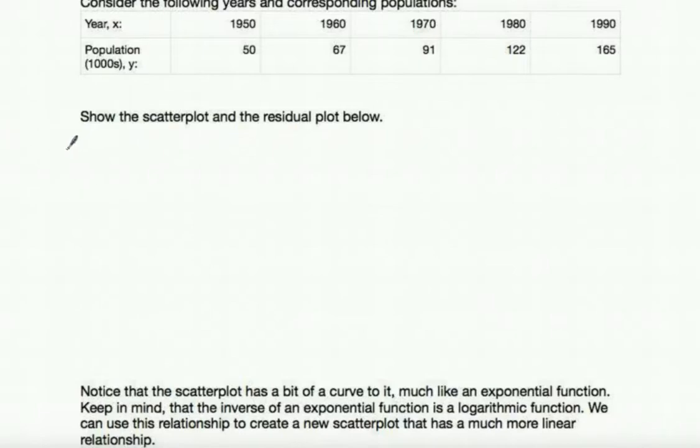If we wanted to show the scatter plot for this, we would need to make sure we had our x-axis and our y-axis labeled appropriately. I'm going to do the scatter plot first. I've got my y-axis and my x-axis. My x-axis is going to be my year, and my y-axis is going to be my population.